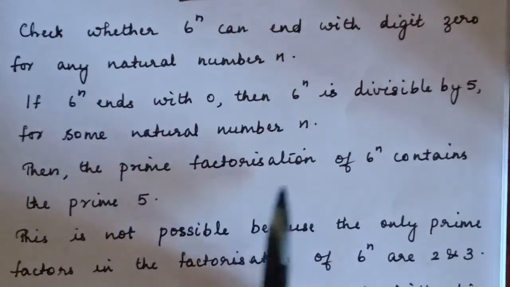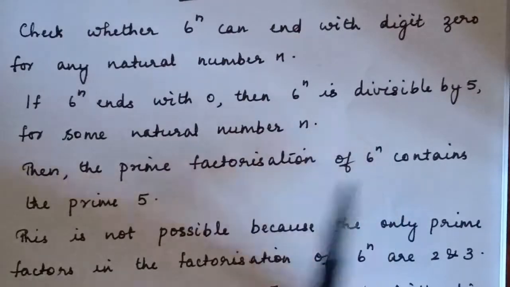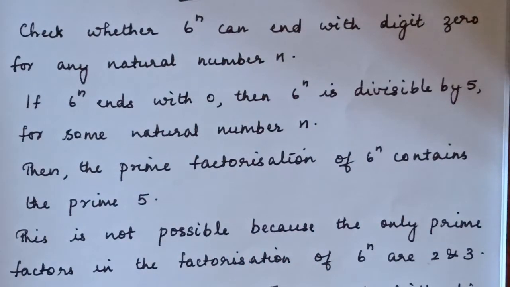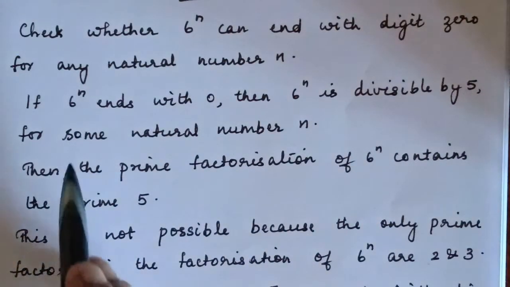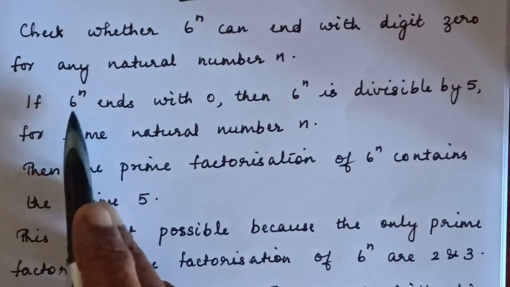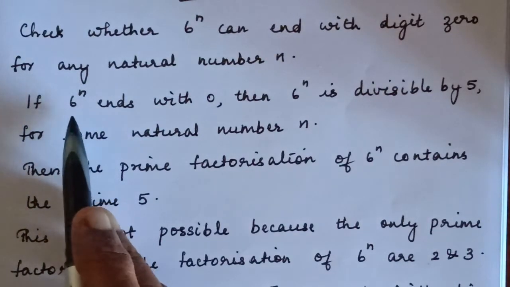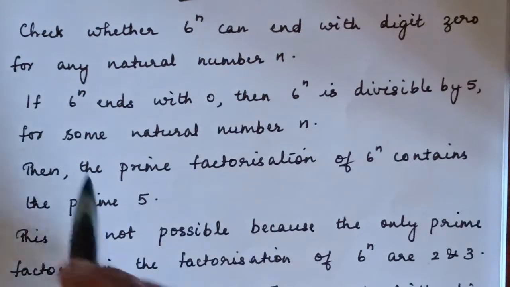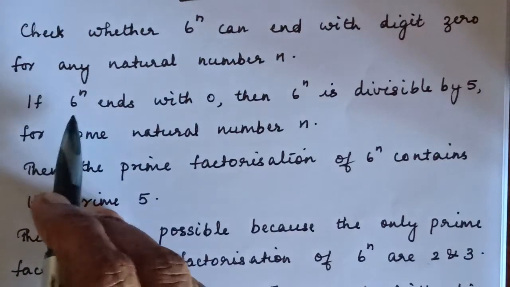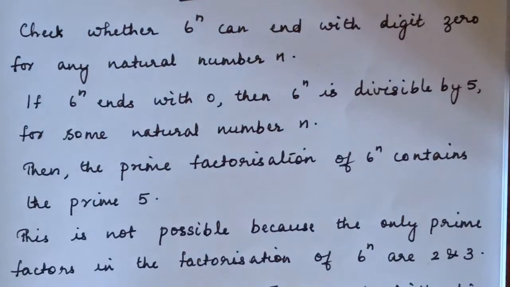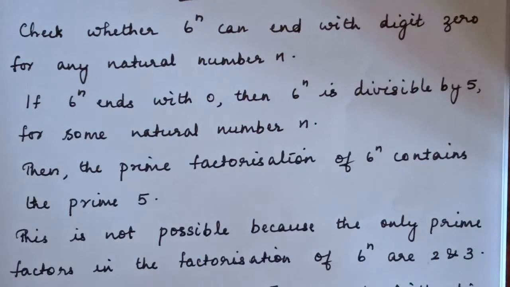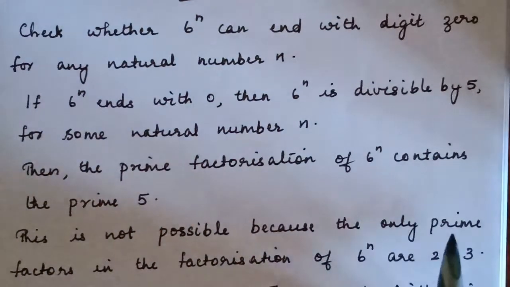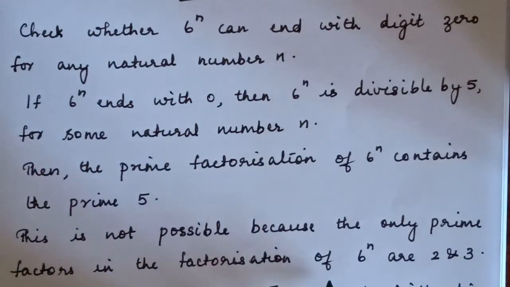Then the prime factorization of 6 raised to n contains the prime 5. So when you do the prime factorization of 6 raised to n, you should get the prime 5. But when you do the prime factorization of 6 raised to n, what will you get? You will get only 2 and 3 as prime factors. This is not possible, because the only prime factors in the factorization of 6 raised to n are 2 and 3.